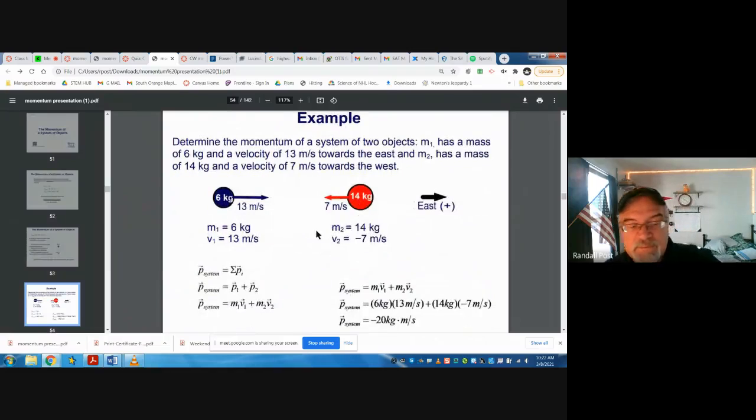For example, 6 kilograms going to the right at 13 is 6 times 13 for momentum. 14 kilograms going to the left at 7 is a negative momentum, right? 14 times 7.